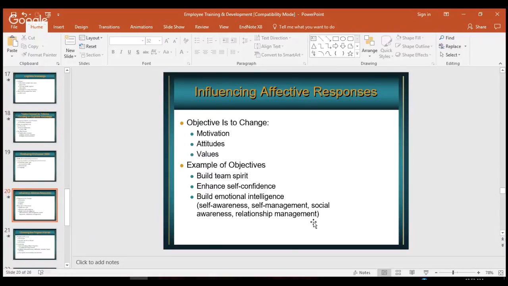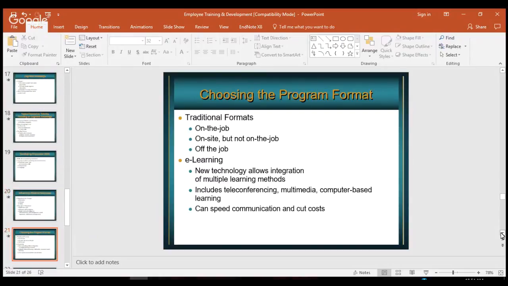And some examples I can think of listed here: build a team spirit, enhance self-confidence, build that emotional intelligence. What is emotional intelligence? That is the self-awareness. How well do we know ourselves? Self-management, do we manage ourselves well? Social awareness, what's the environment in the social environment, and be able to manage the relationship from a professional perspective.